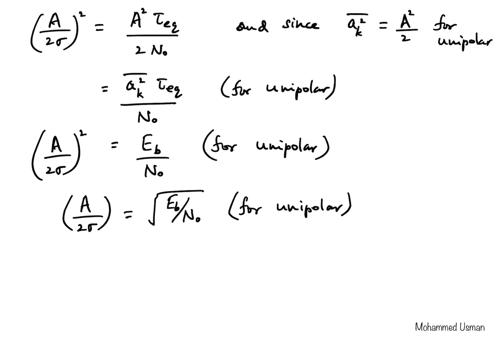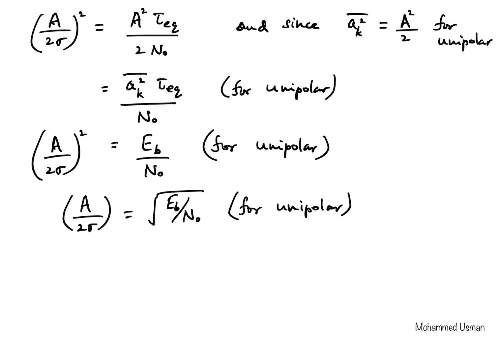Right. Similarly, we will do the analysis for polar signaling. So I'm going to write down this expression again separately, and we'll do the calculation and get a relationship between a by 2 sigma and Eb by n naught for the polar case. So let's do it for polar signaling.